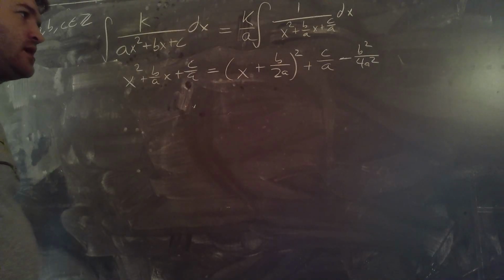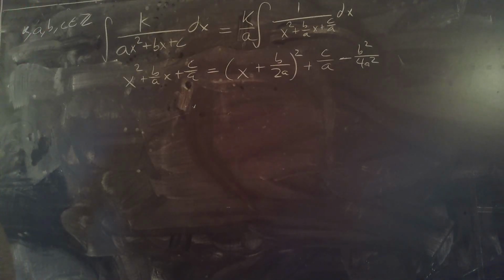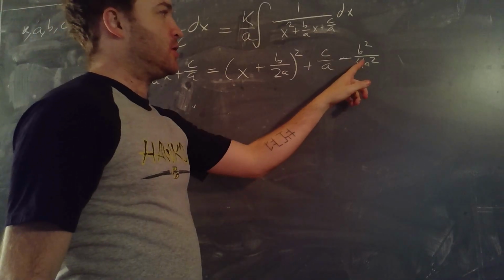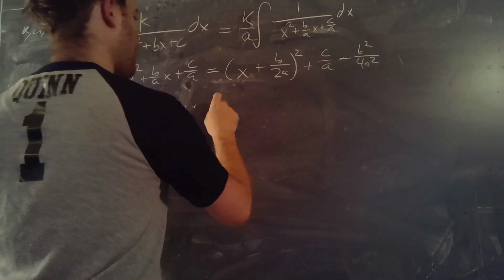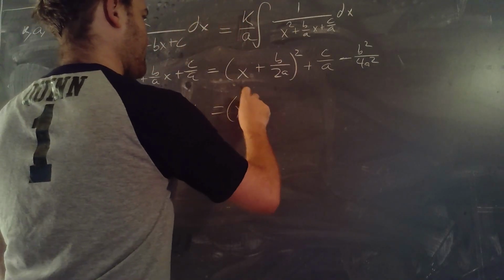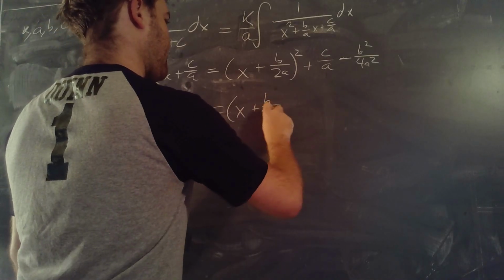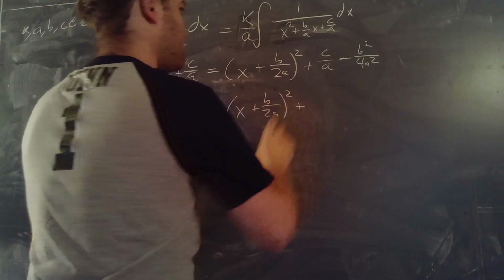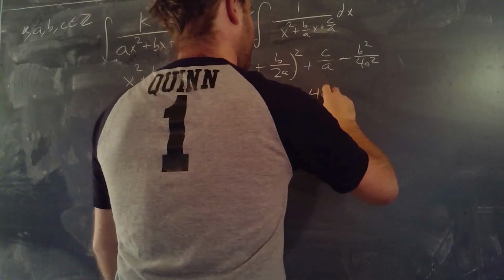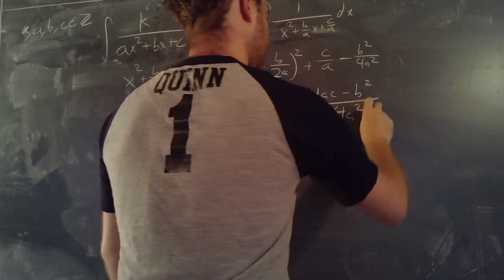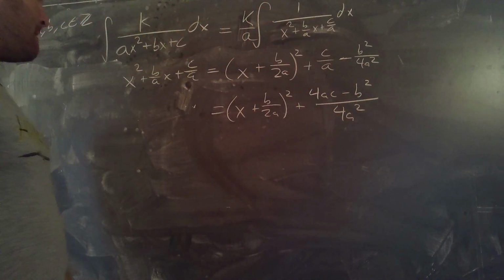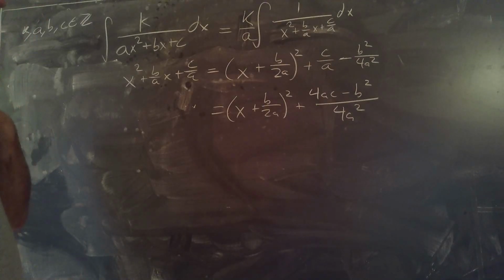Notice that we can find a common denominator by multiplying the c over a term by 4a, giving us 4ac minus b squared over 4a squared. And that is a constant.